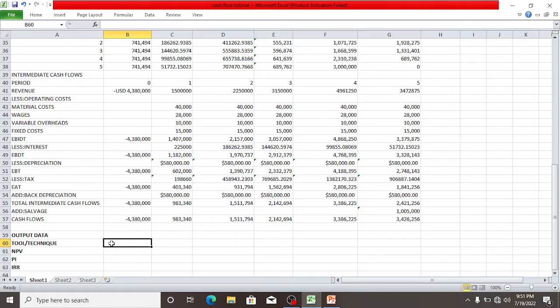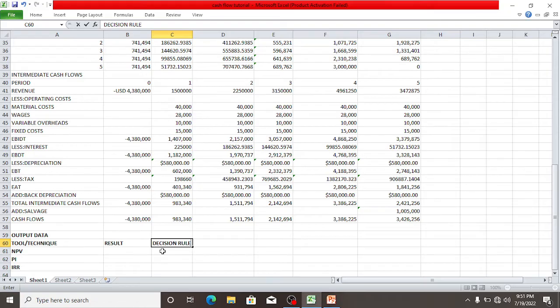And then here is the result. And I want here the decision rule. After coming up with NPV, according to the rules, can we accept the project, or do we reject that project?